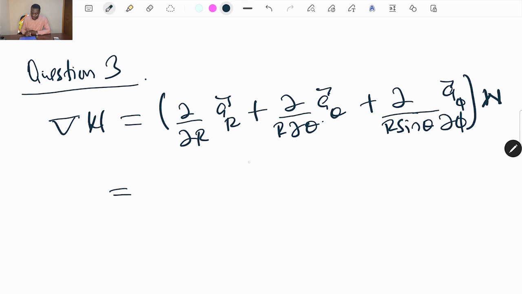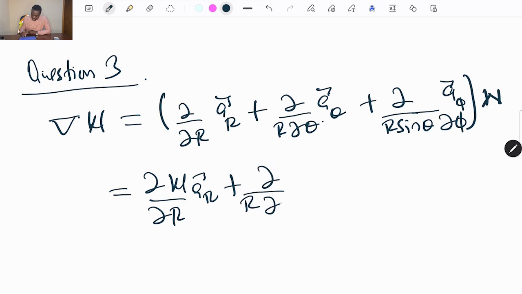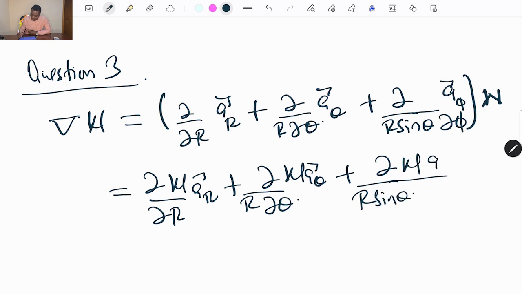So here we end up getting the unit vector r plus this 1 over r theta, then we have the function. Then we have the last one, 1 over r sine theta, W, then we have the unit vector in the direction of the angle of rotation.